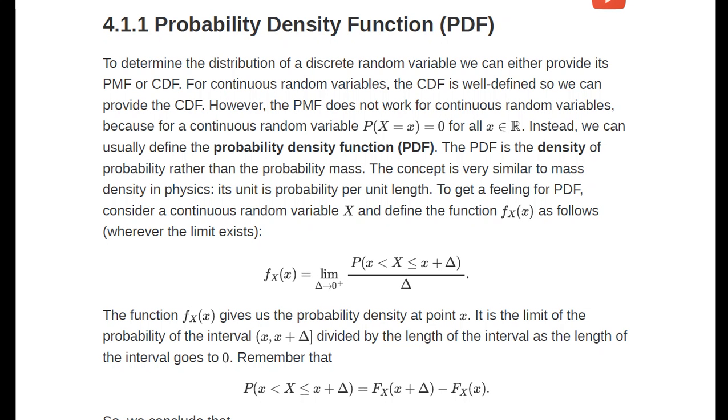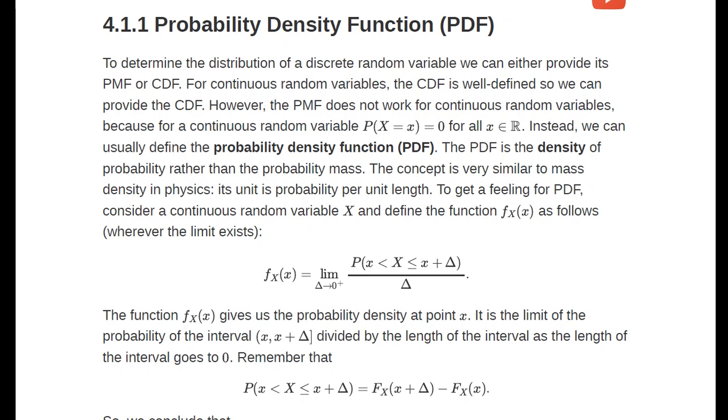For a continuous random variable, the cumulative distribution function is well defined, so we can provide the CDF. However, the probability mass function doesn't work for continuous random variables, because for a continuous random variable, probability of X equals x is 0 for all x element in real numbers.